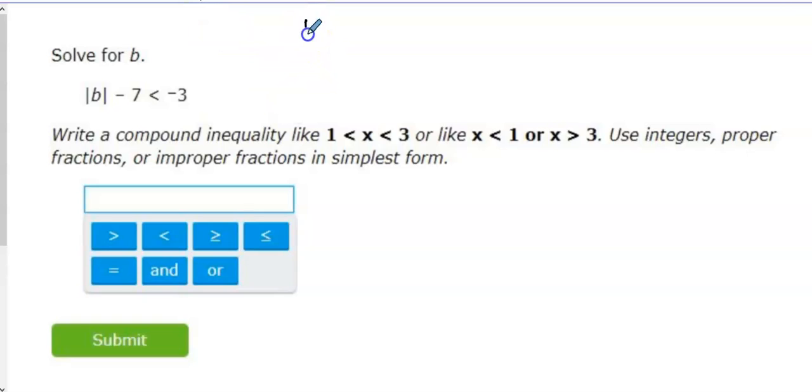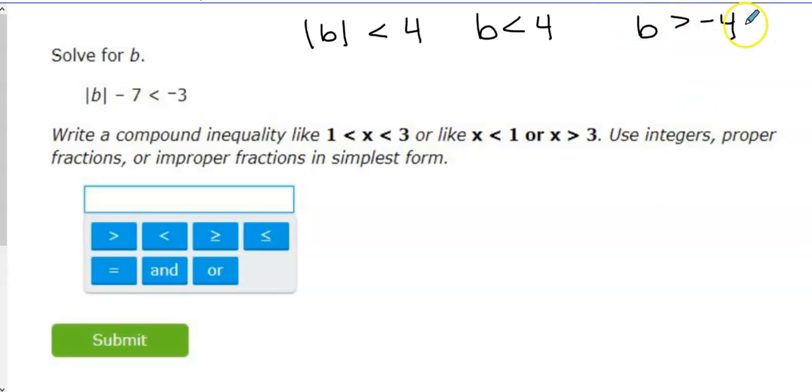So this ends up being absolute value of b is less than, and then we're going to add a 7 over here, 4. If I separated them, I would write b is less than 4, and I would write b is greater than -4.